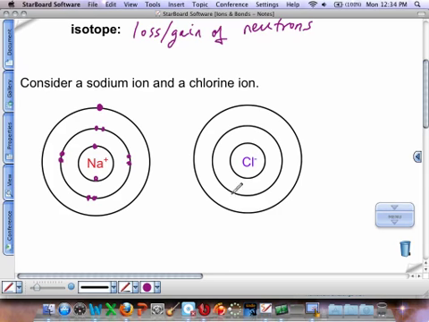Then if we go to chlorine, chlorine has an atomic number of what? 17. So now chlorine will end up having an open slot.